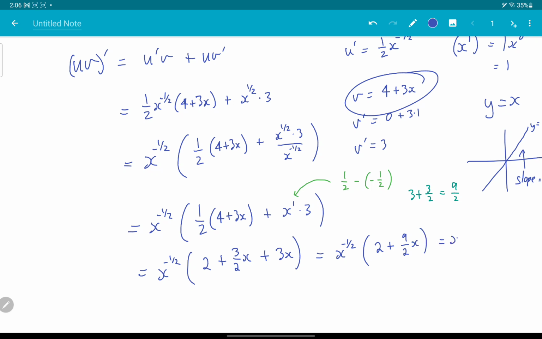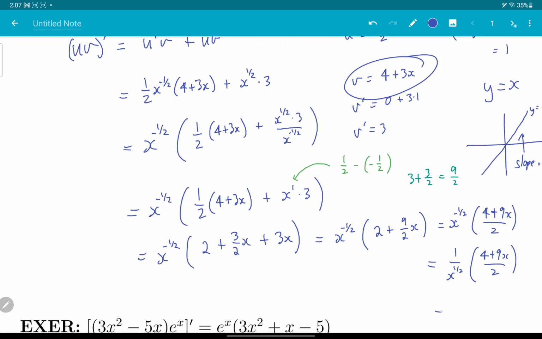I can do a common denominator in that bracket. I'll get 4 plus 9x over 2. And that is 1 over x to the half, times 4 plus 9x over 2.